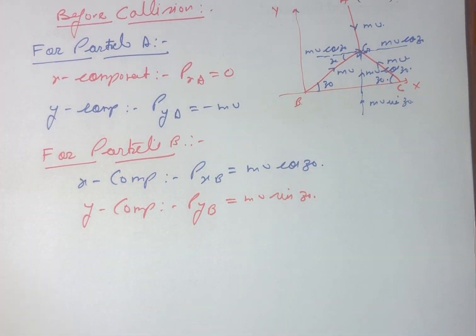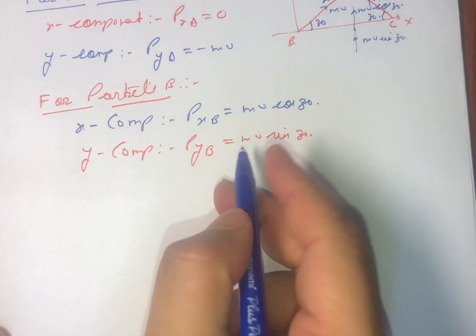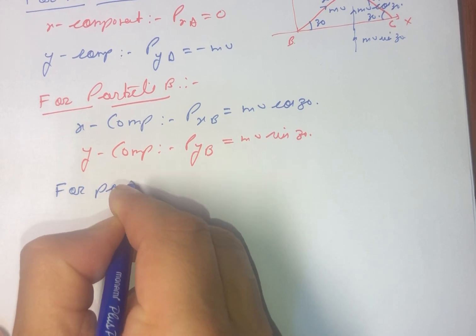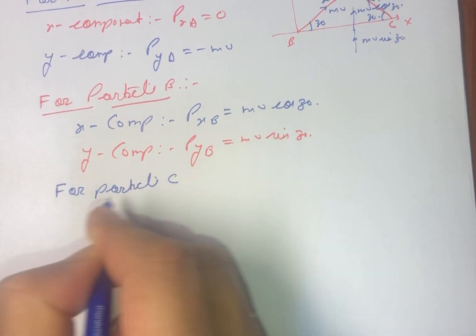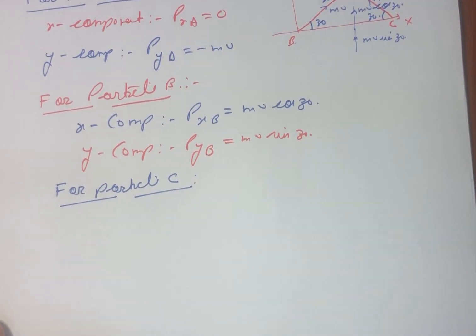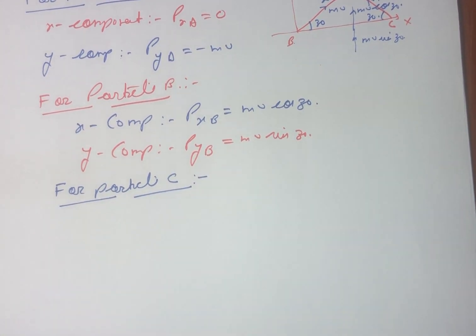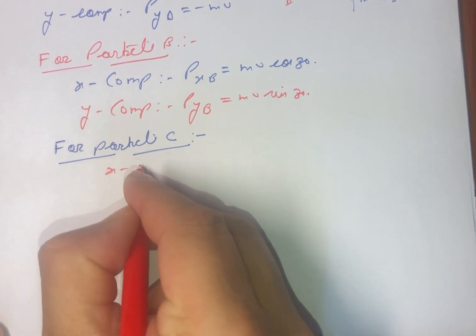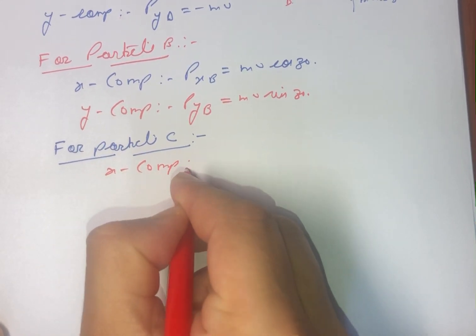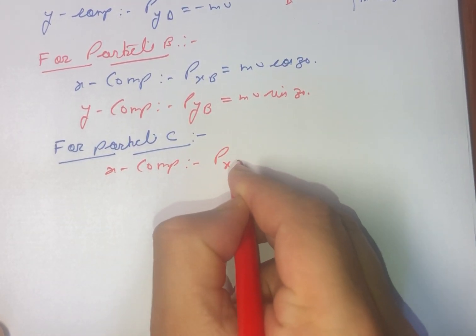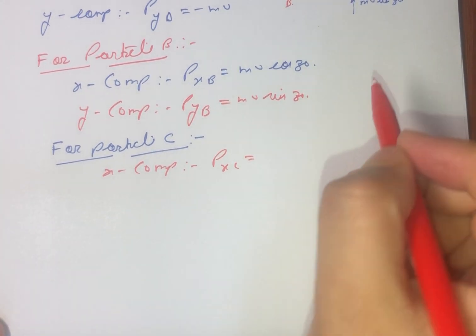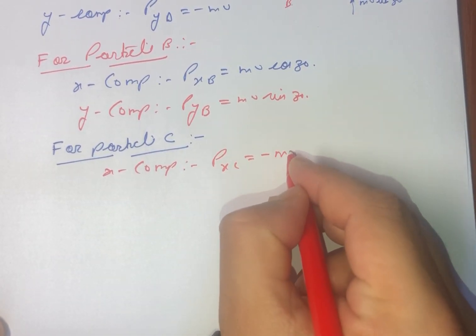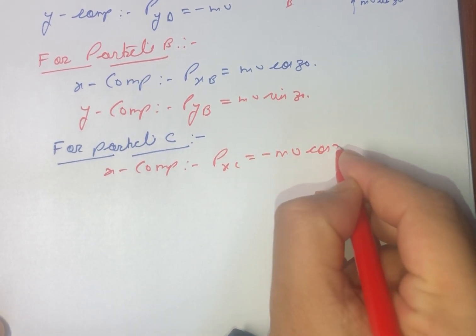And lastly for particle C, we can write its x component pxc, and that will be equal to minus mv cos 30.